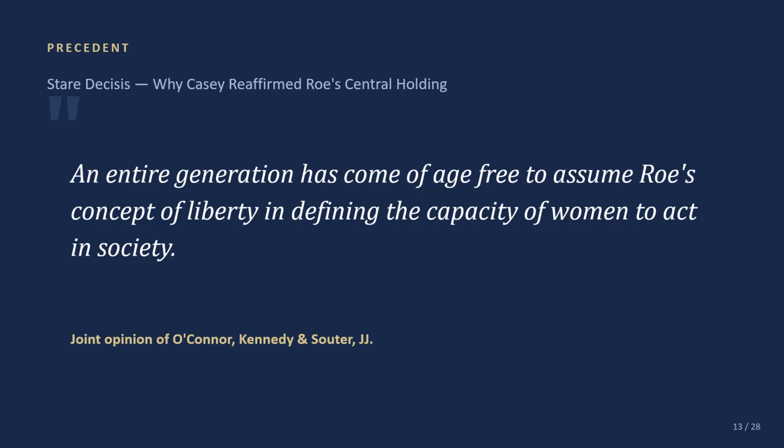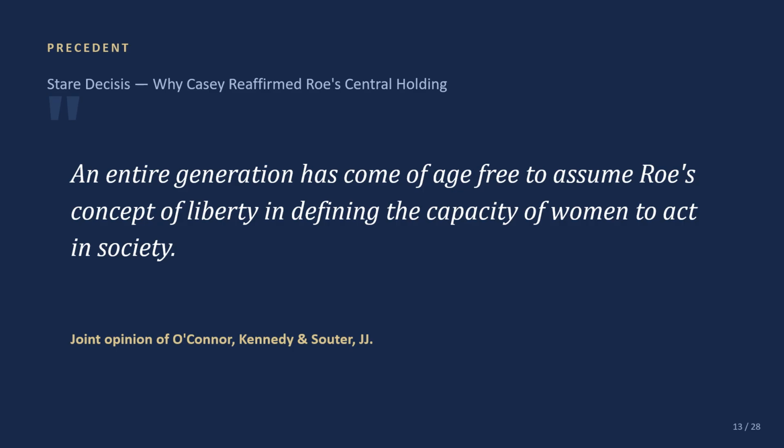This is a reliance interest argument, and it is worth understanding as its own distinct category of constitutional reasoning, separate from asking whether Roe was correctly decided on the merits in 1973. The joint opinion's argument runs roughly as follows.